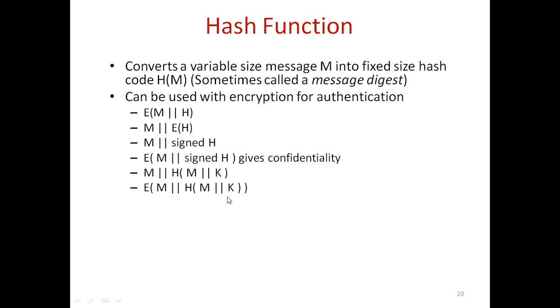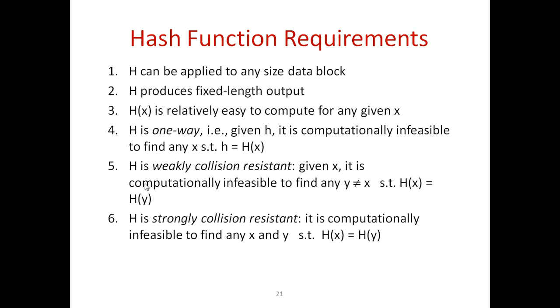You will get the hash code. This hash code is concatenated with the message M. Then message plus hash code are encrypted. Like this, there are different methods to use hash functions.